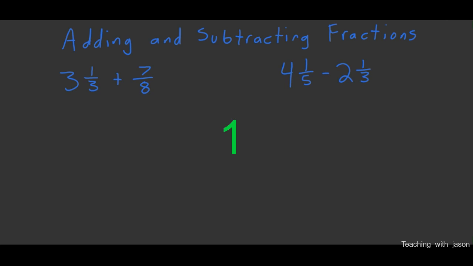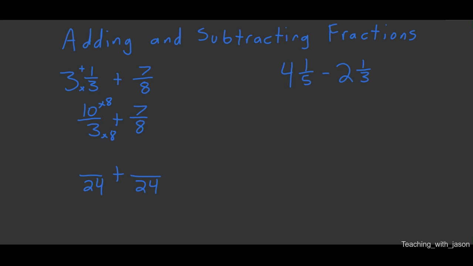All right, so we're going to look first. I've got a mixed number, so I'm going to convert that into an improper fraction. So 3 times 3 gives me 9, plus 1 gives me 10/3, plus 7/8. I need to find a common denominator. Once again, I'm doing multiplication tables. You'll see that 24 works. If you didn't, you look, well, there's nothing that goes into 3 that also goes into 8, so there is no shortcut.